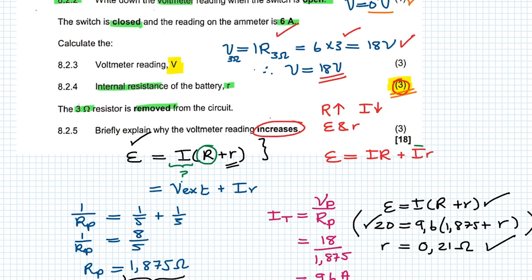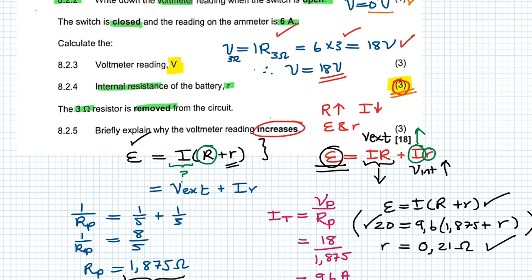Since the current increases and R is constant, we know that this entire part, which is V internal, is going to increase. Since the EMF is constant, we know that this means that I multiplied by the load is going to decrease, and this is V external.